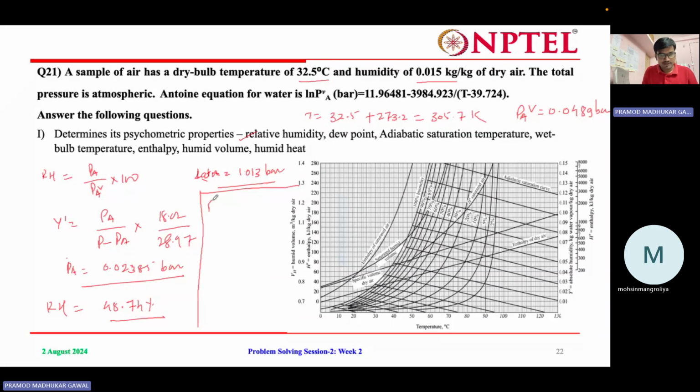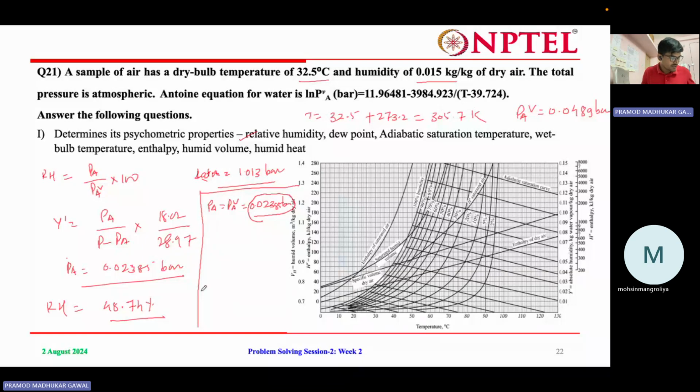Partial pressure equal to the vapor pressure, which is 0.02385 bar, right? So you have to use this pressure value in these equations, and you will get the dew point temperature.